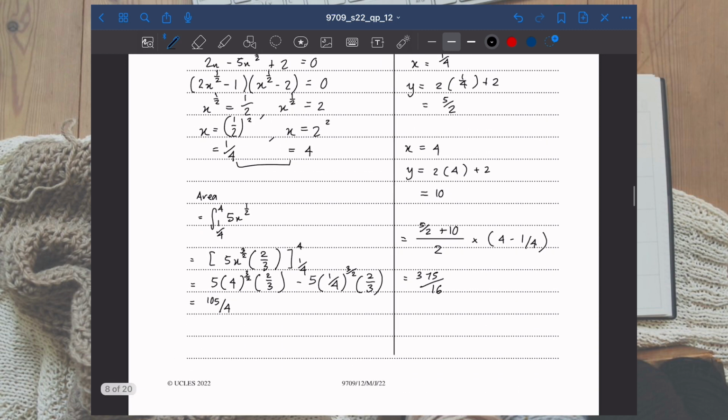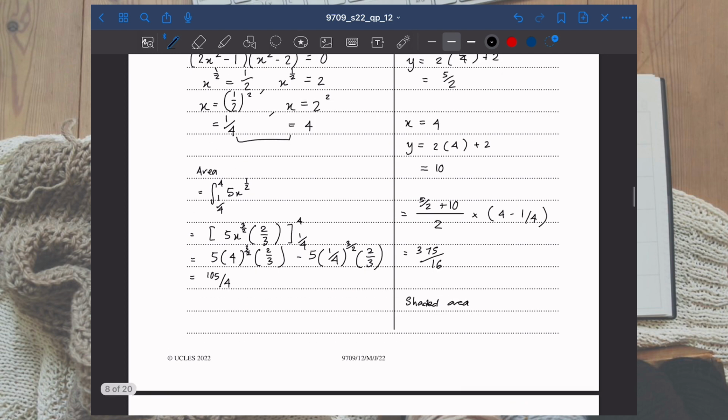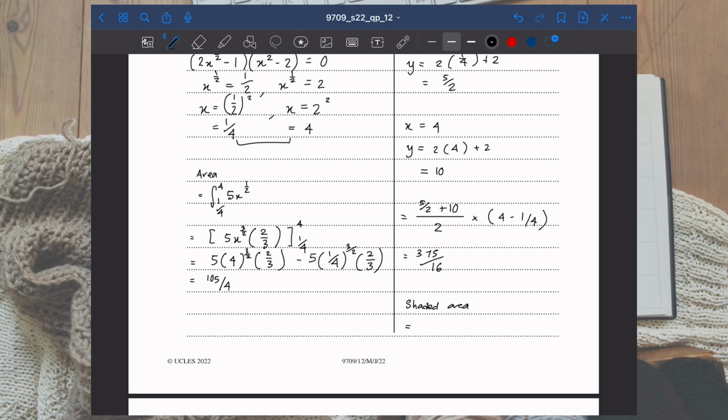So your shaded area or area of shaded region will be 105/4, which is our area under the curve, minus the area of trapezium, which is 375/16. You'll get 45/16. So this is your area of shaded region.